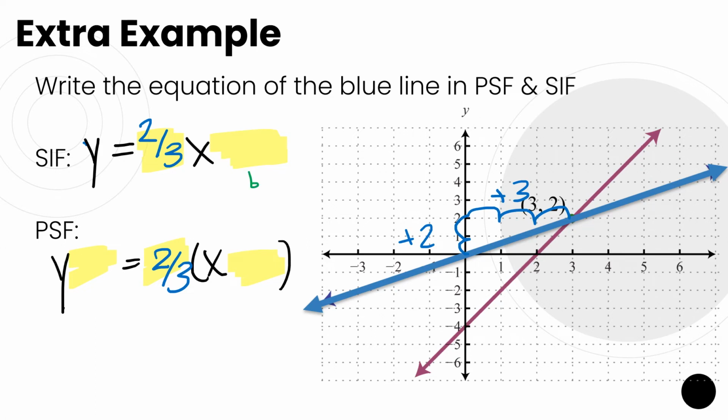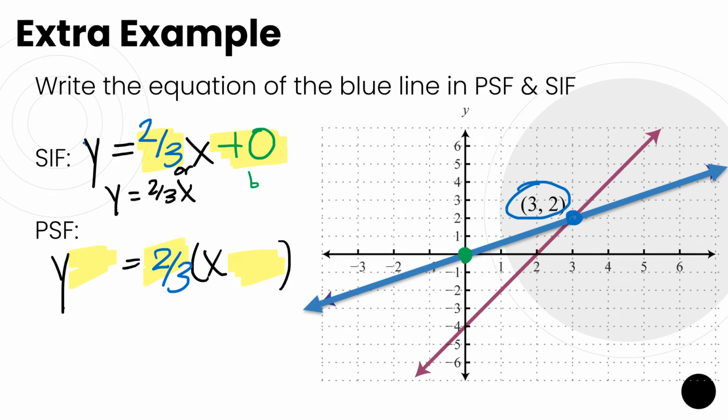My b value, my y-intercept, it crosses the y-axis at 0. So you could actually write it with the 0 or without, because plus 0 doesn't change anything. Let's take a look at point slope form. You'll notice that a dot was given to us, so let's use this dot. It's already there. If it says that the x coordinate is positive 3, I could write negative 3.